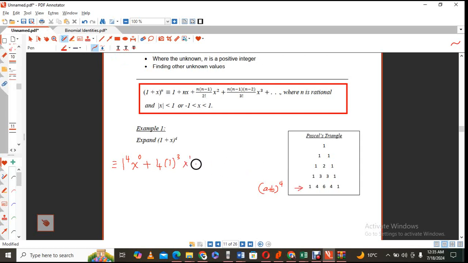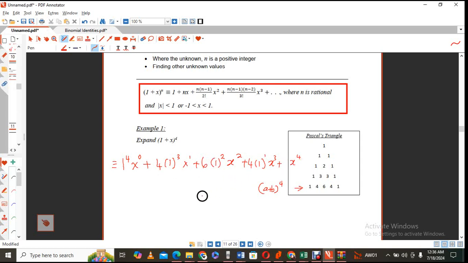My next coefficient is 6, and I'm going to have my a value, which is 1, lose 1 more, but the b value, the x here, is going to gain 2 more. Then I have plus 4, and then 1 to the power 1, of course, x cubed, and then the last one is going to be, my coefficient is 1 here as well, but my b value, which is this whole x here, is going to be x to the power 4.